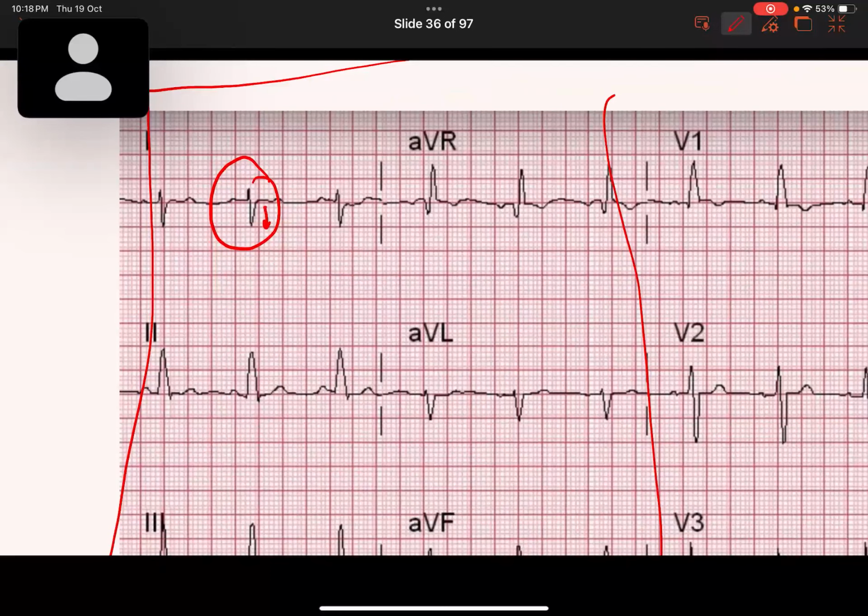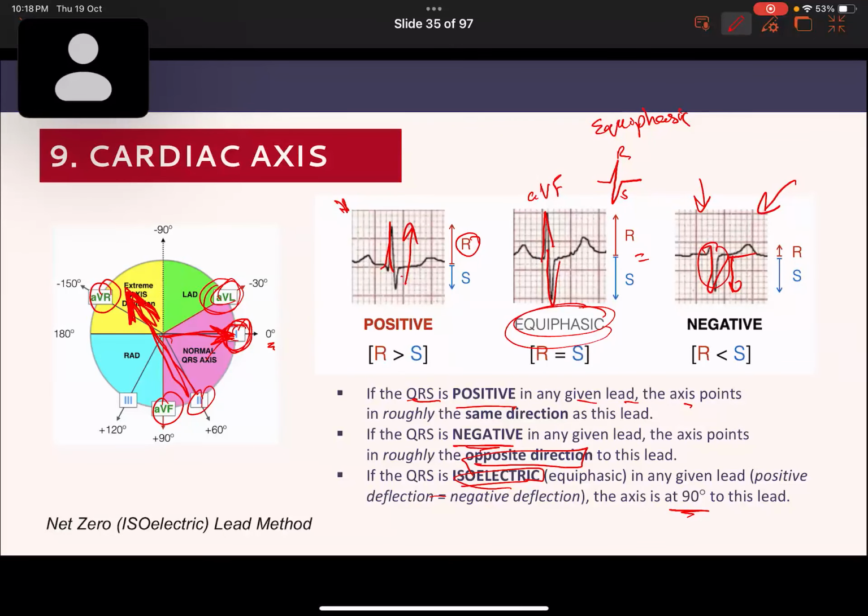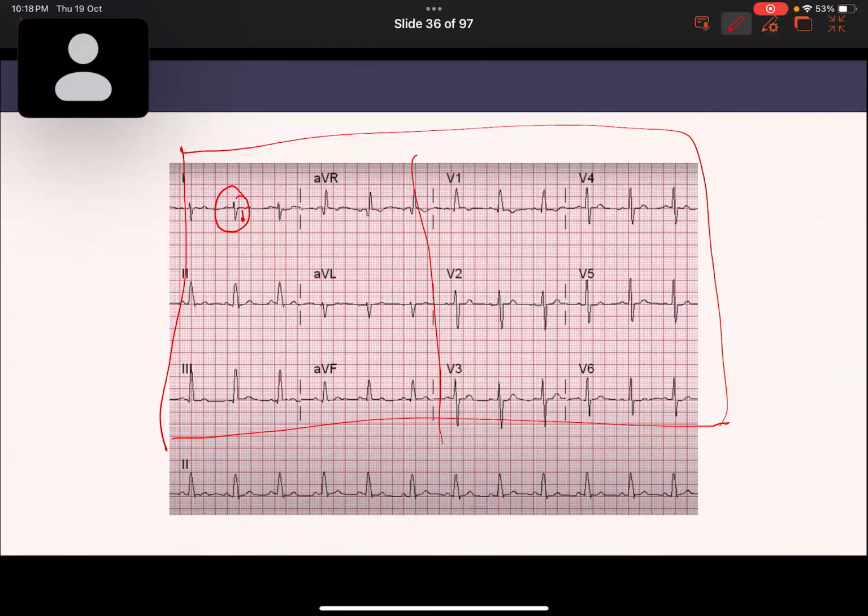But for example, let's say that if it's negative, we said here that the axis should point in the opposite direction to the lead. So we said lead 1 is negative, so this axis should point to the opposite direction. So the axis is going to be 180 degrees, which is abnormal, which is between right axis deviation and extreme axis deviation. Like, let's say that this was equiphasic. If lead 1 had a QRS complex that was equiphasic, and the R wave is similar in distance to the S wave.